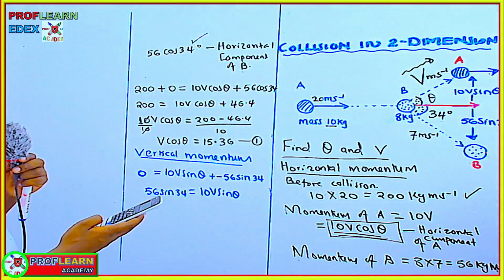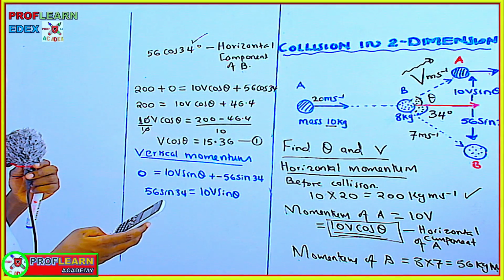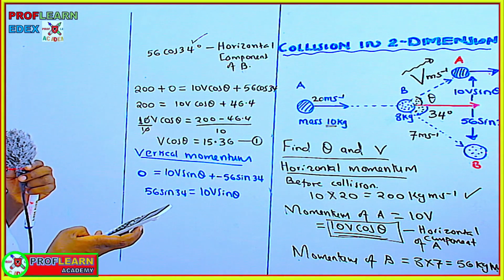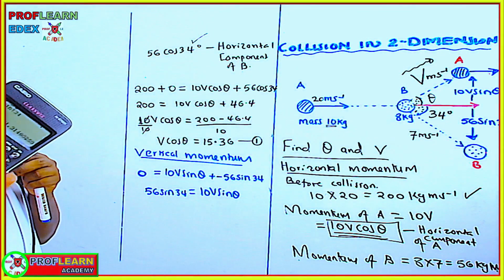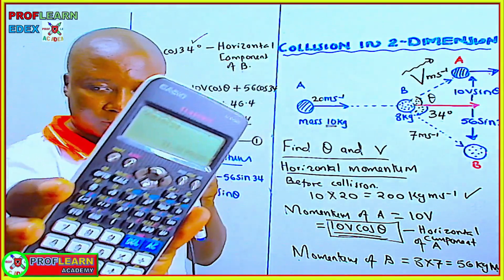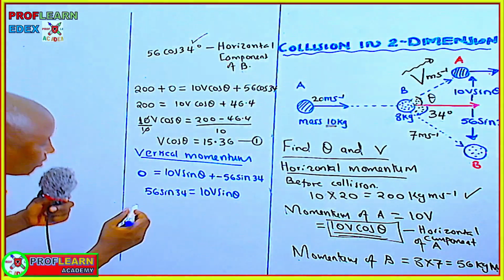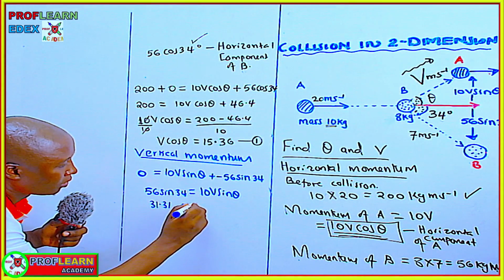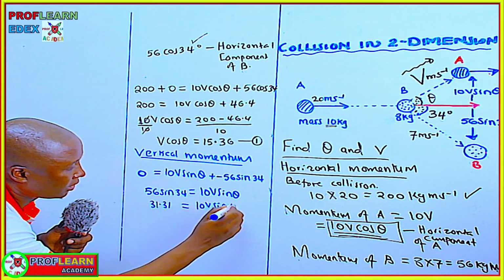56 sine 34, which is going to be equivalent to 31. I'm getting 31.31 here. 31.31 equals 10v sine theta.